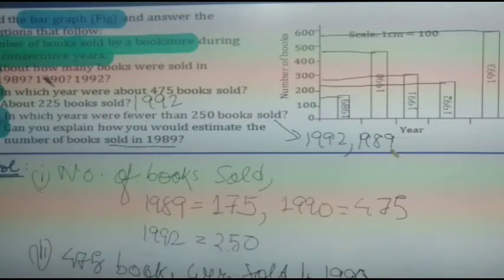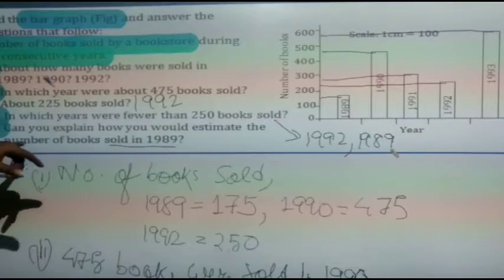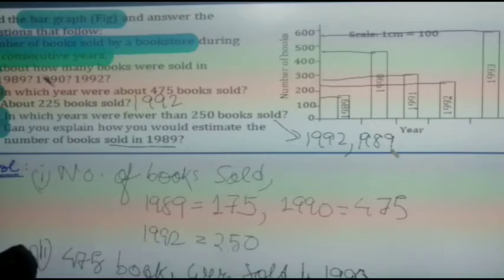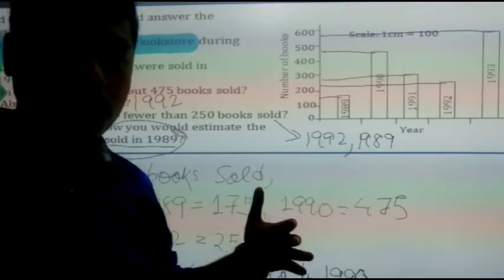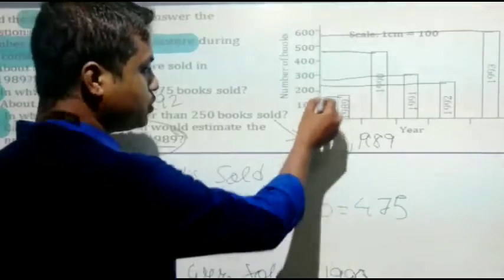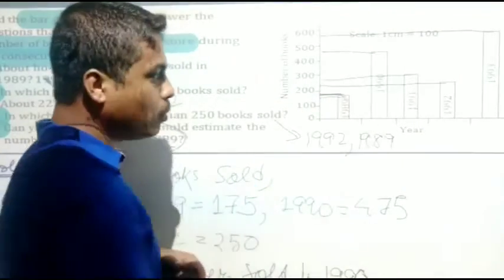Can you explain how you would estimate the number of books sold in the year 1989? As I have already told, for doing this part, if you want to find what value it is corresponding to, you have to go to the graph. For that, you have to draw a line parallel to the x-axis to this point, to the topmost point.